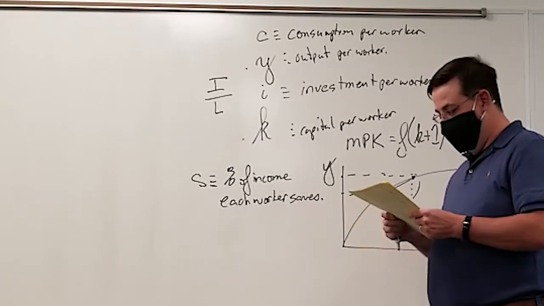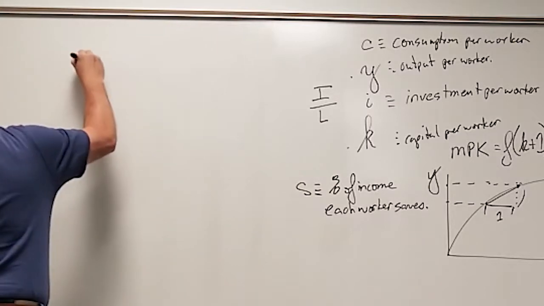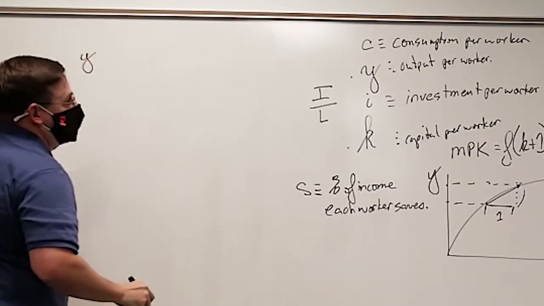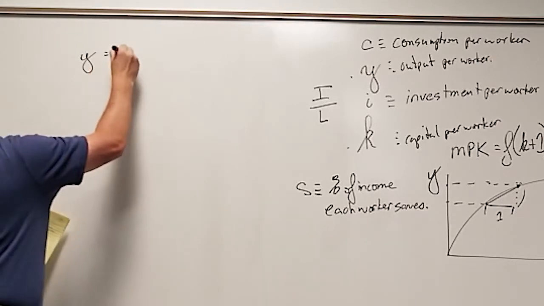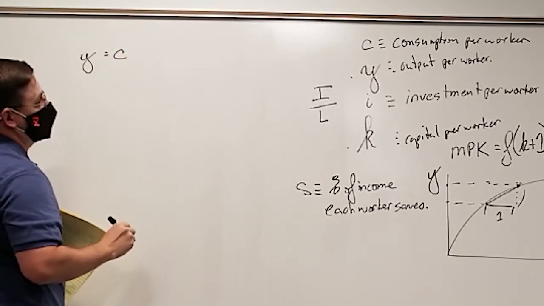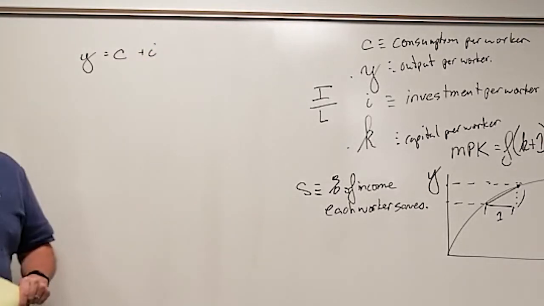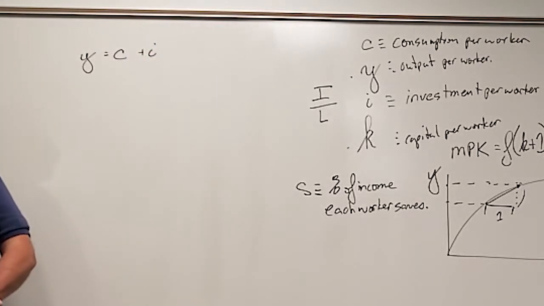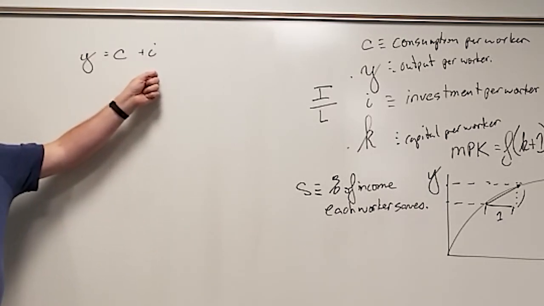Okay, so we've got our definitions. Now, does it make sense to you that Y, the amount of output per worker, would be equal to the consumption that each worker engages in plus the investment that each worker does? Right, this is similar to the consumption and saving kind of combination.